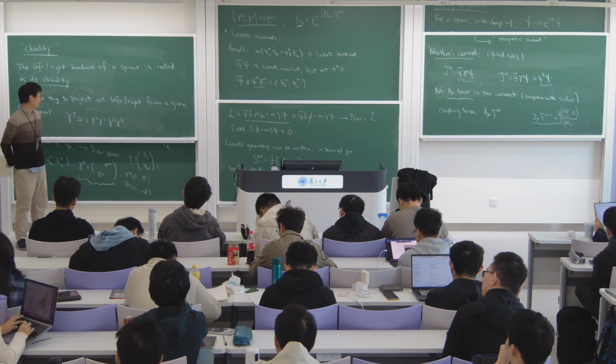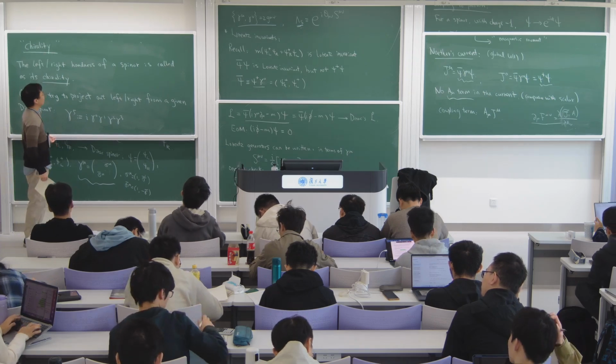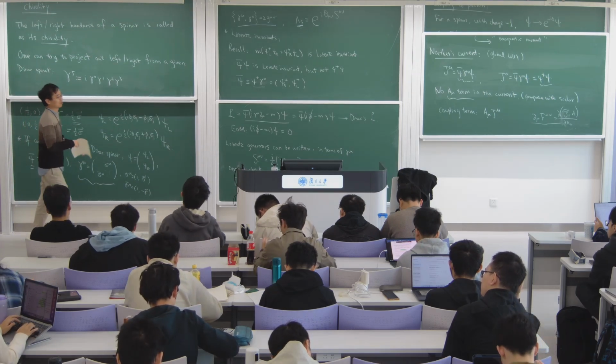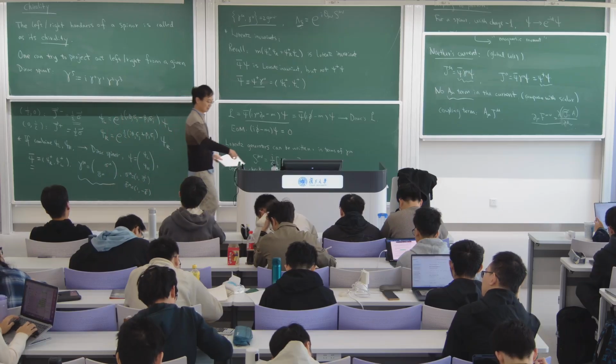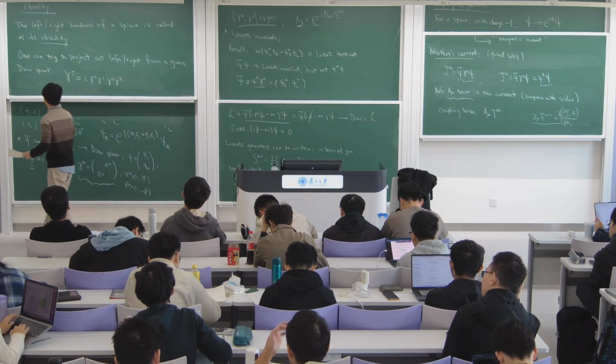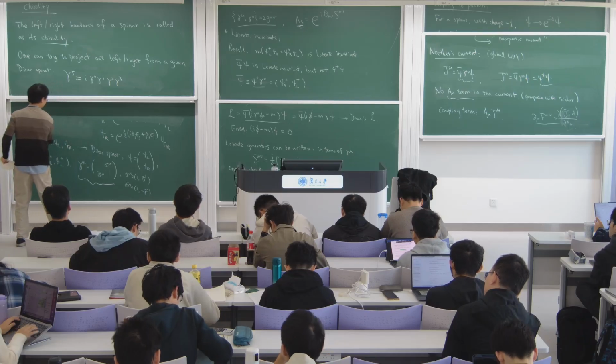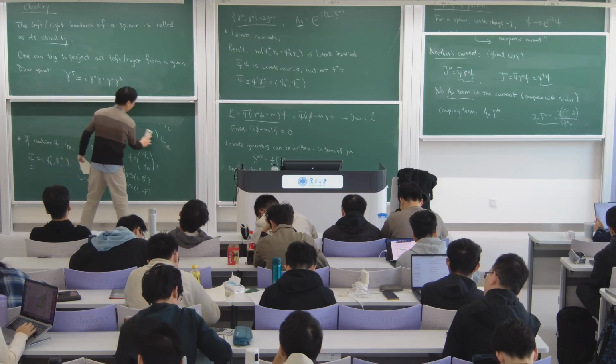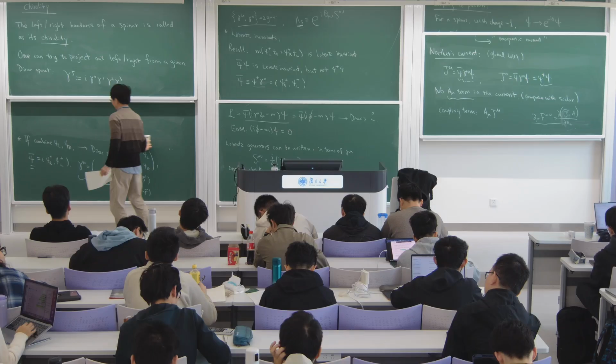Now, to see it explicitly, it's good to write it in some particular base, let's say the Weyl base, because in a different base the gamma matrix has a different form.